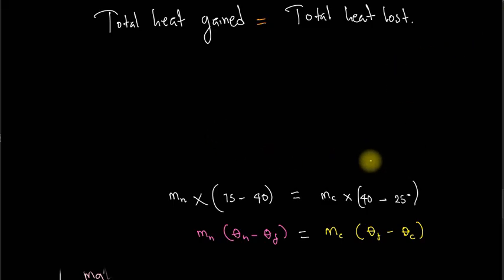So 40 minus 25 is 15. Am I right? So 15 mc is equal to 75 minus 40 is what?